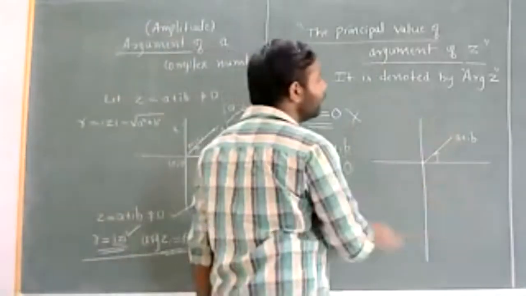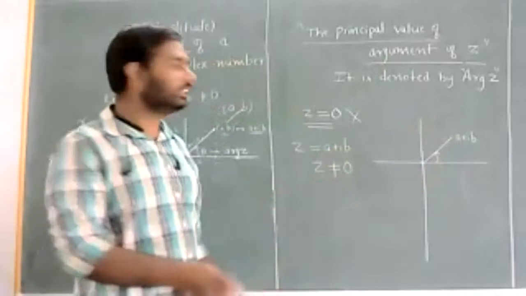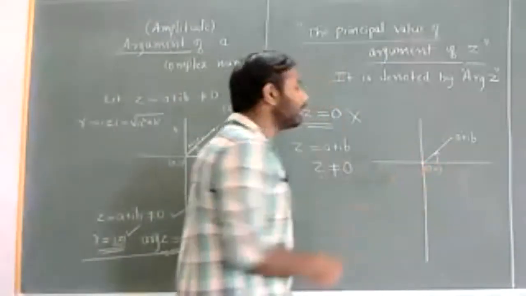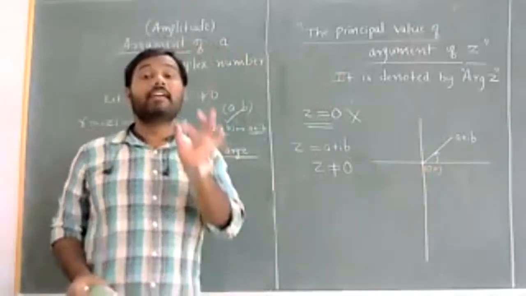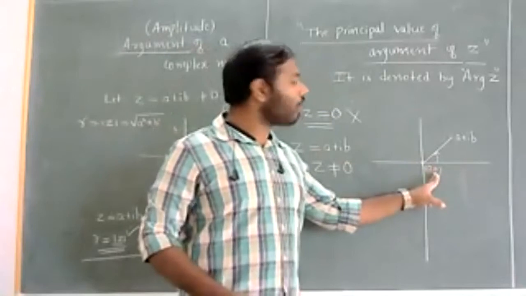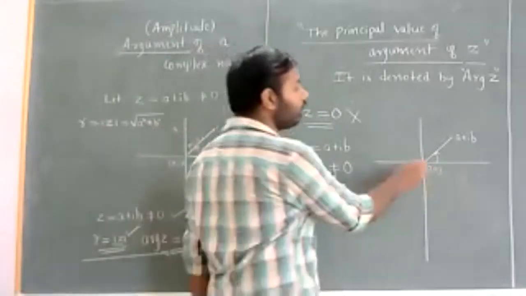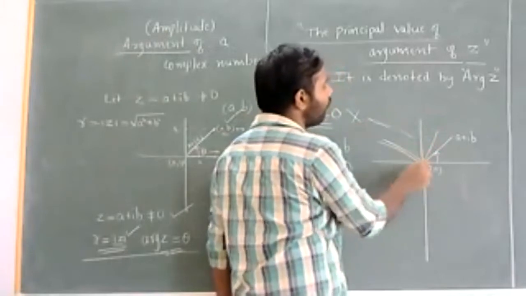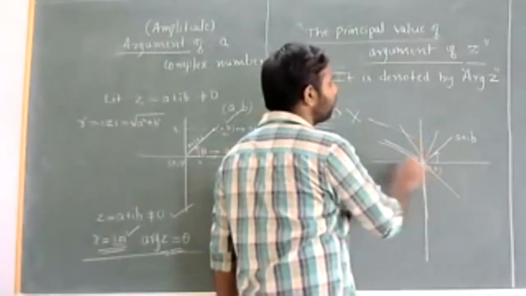In this procedure, the zero complex number acts as a fixed pole. So keeping the origin as a reference, we draw lines from this point to all the other non-zero complex numbers.